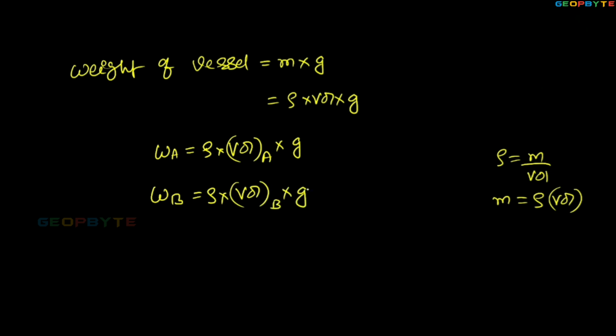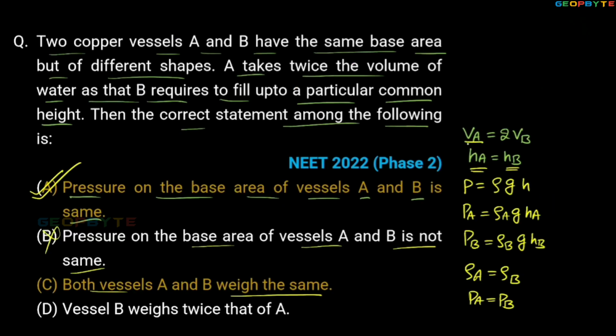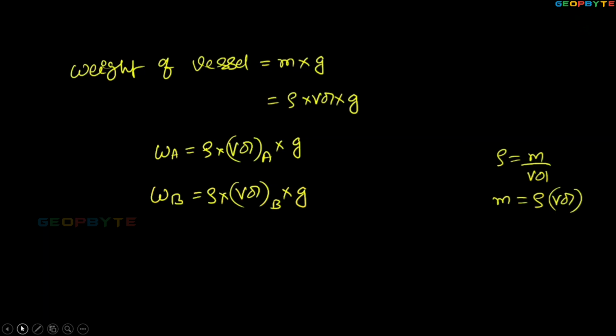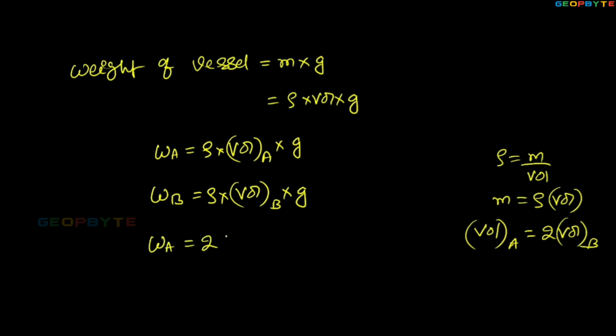Right? You know, the weight is completely depending on the volume. Look at the volume given. Volume of A is twice the volume of B. Since volume of the vessel A is equal to 2 times the volume of B, I can say that weight of the vessel A equal to 2 times the weight of the vessel B. Right?